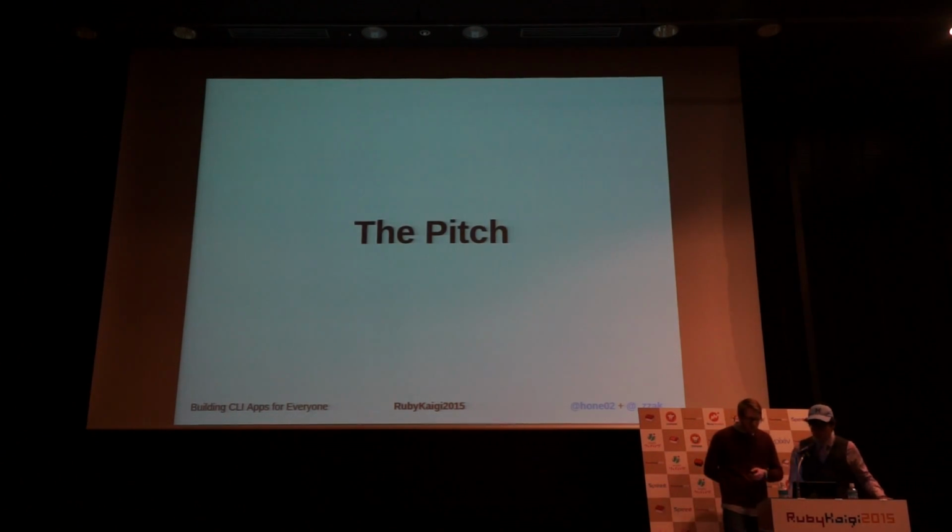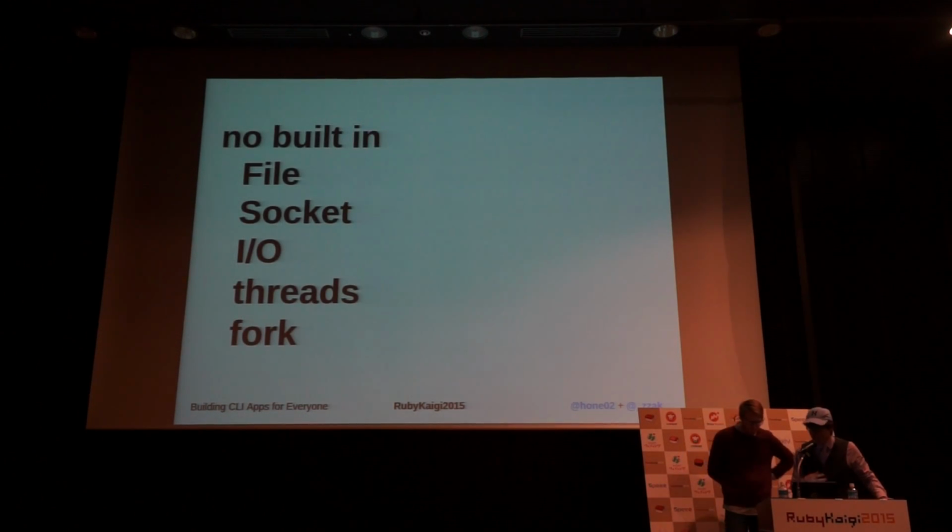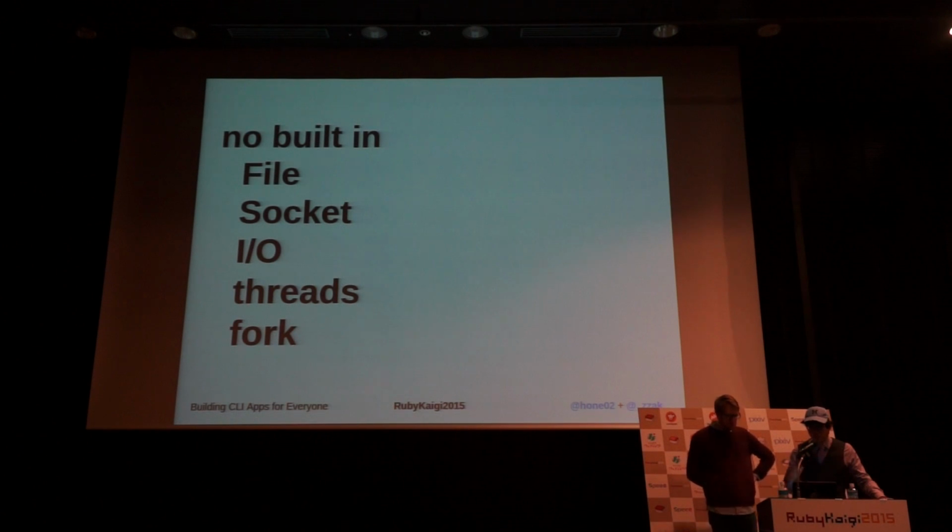So the pitch here is with mruby, we have a smaller embeddable Ruby that is similar to languages like Lua that's meant to have a low memory footprint. But that means since it's supposed to be embedded in other things, we don't have operating system level things like file or socket or threads or things like that.